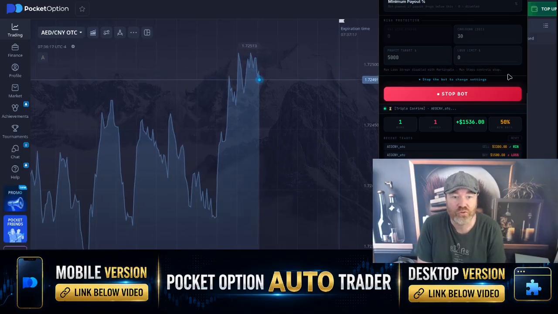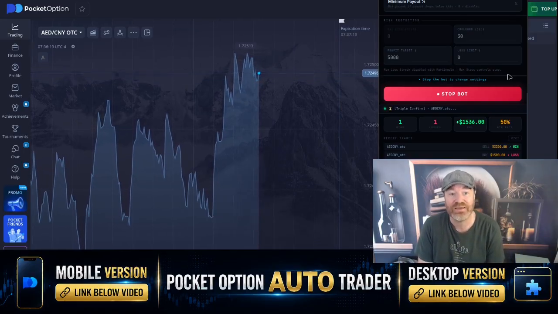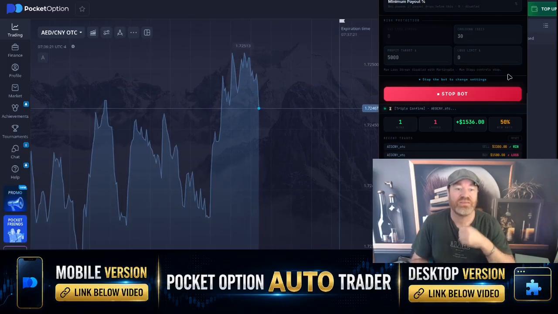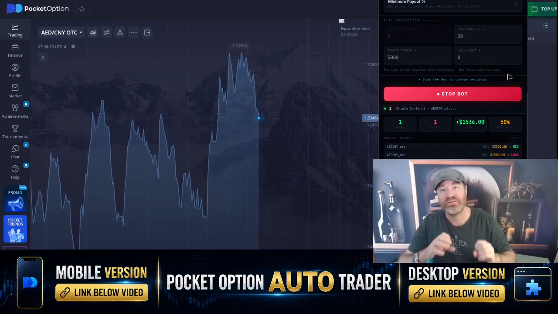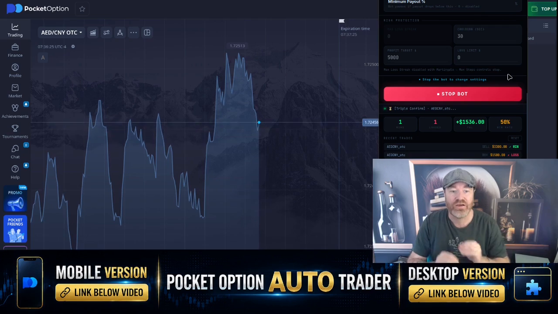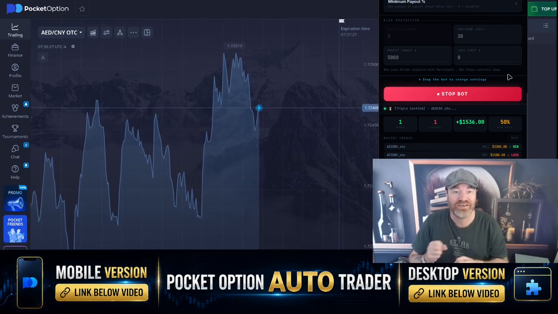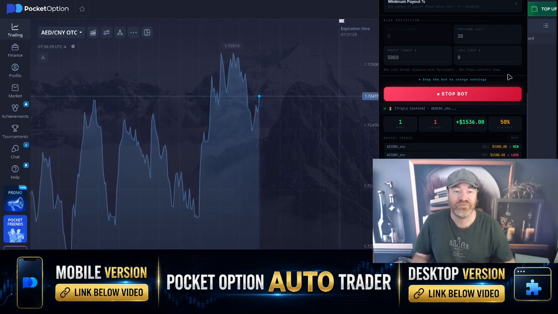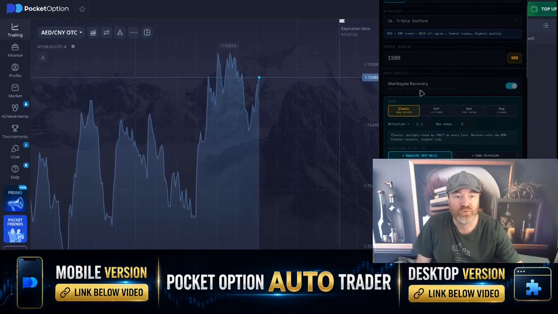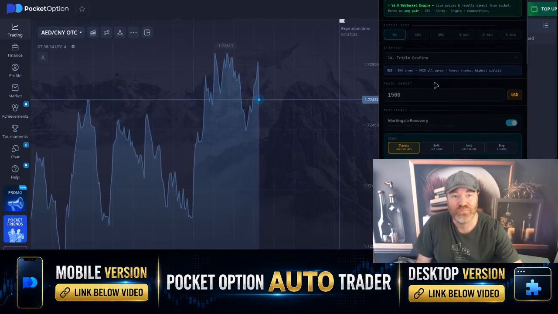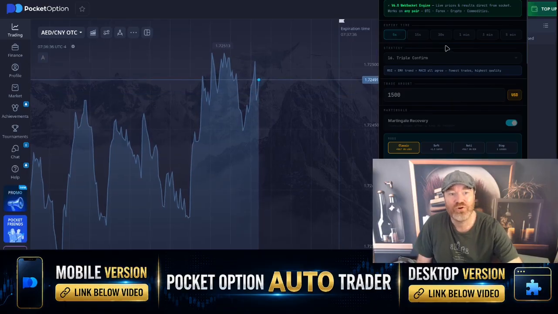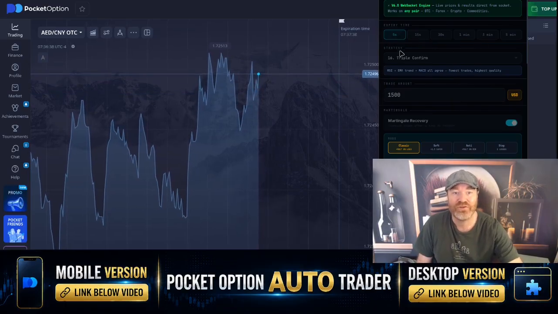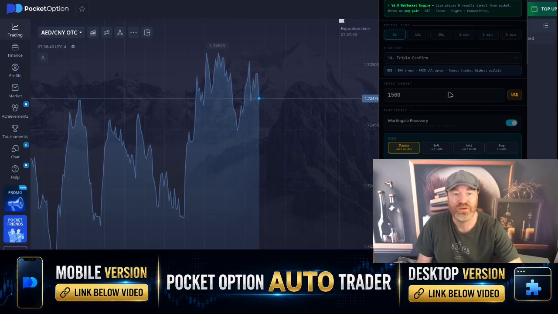So he's now looking for the second trade. You see he's taking his time. It's because he needs to have all the things that the indicators say to take a trade. So sometimes it can take a little longer. This indicator we're using, by the way, triple confirm, is one that is a little more complex. It works very well from 15 and up, but I'm testing it now on a smaller time frame.